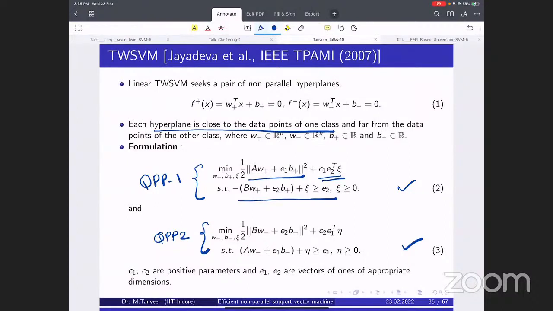So it means that twin SVM gives rise to smaller size QPPs.